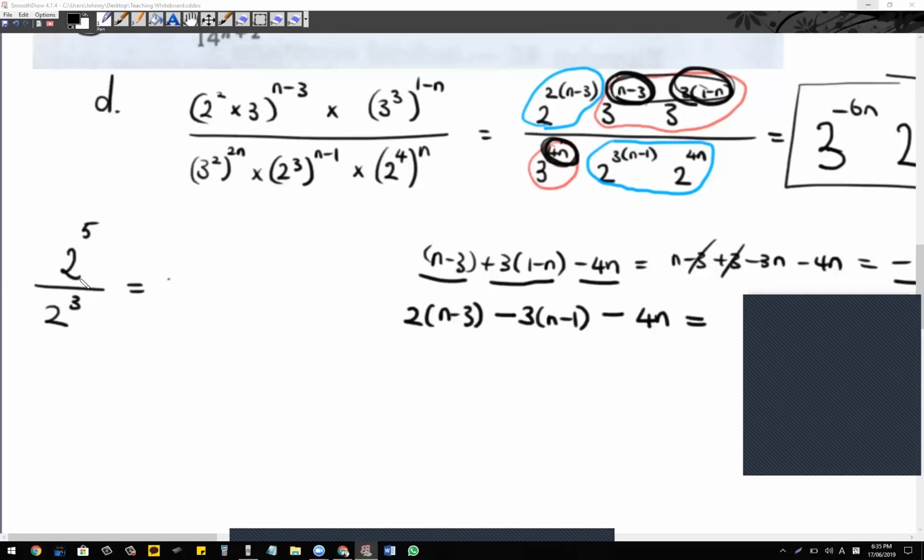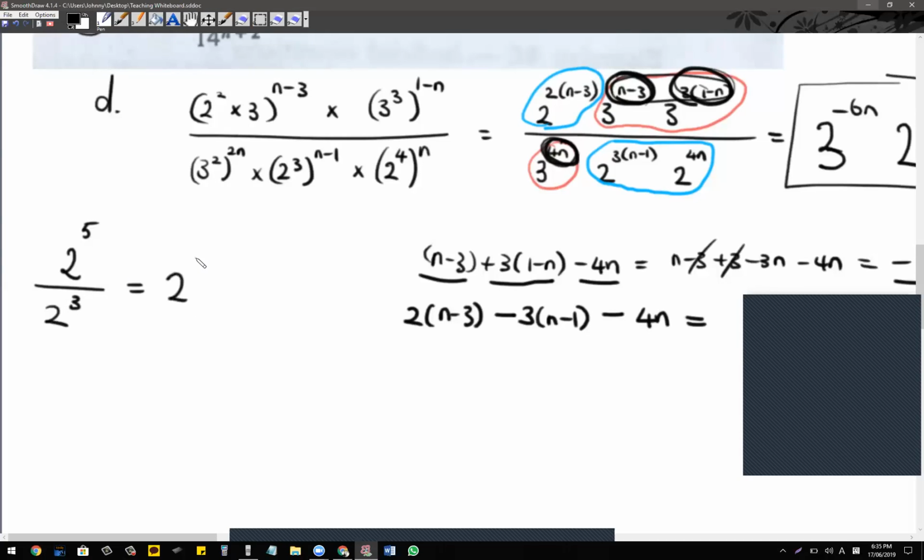So if you've got something like that, it's 2 to the power of 2. If you have 2 to the power of 3 over 2 to the power of 5, there are two ways of doing this. If you use the same method, 5 minus 3, get 2. So if you do 3 minus 5, that's negative 2, isn't it? So you can just get rid of the fraction and just write it as this. 3 minus 5 is negative 2.